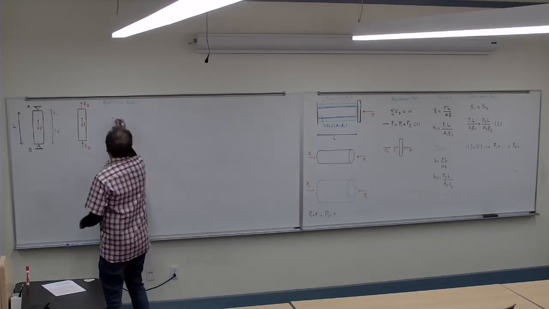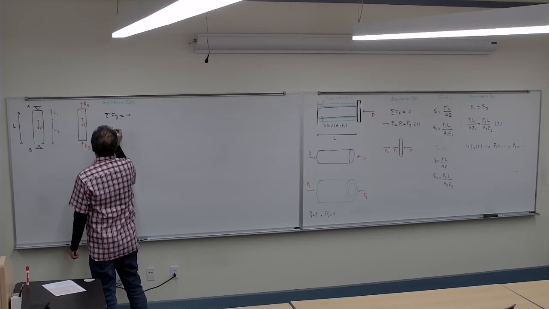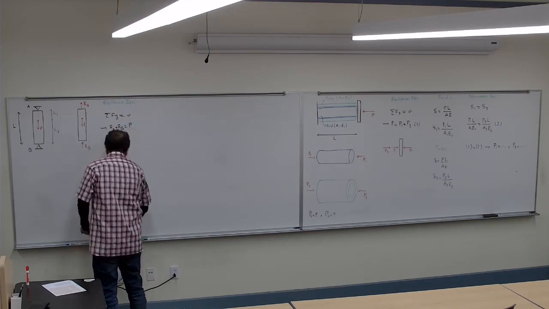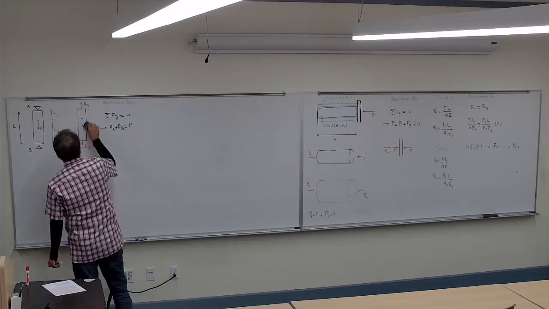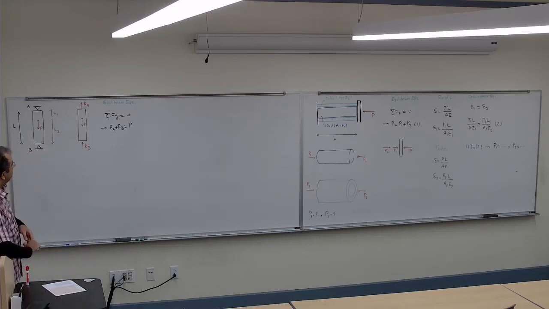So sigma Fy is 0 gives me that RA plus RB is equal to P. The P, not P1. That's all I'm going to get out of that. So I have two unknowns, one equation.